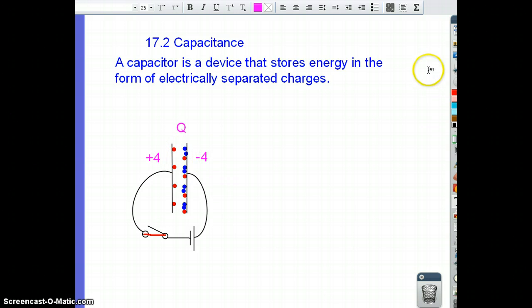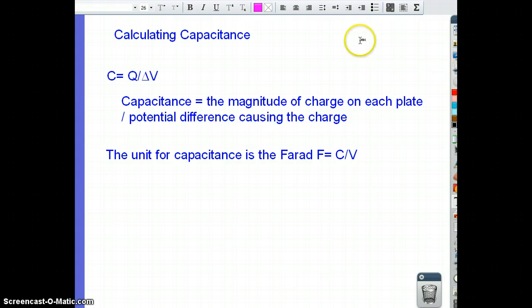All right. So moving forward, calculating capacitance. Well, capacitance, which uses the variable C, is equal to charge, the magnitude of charge of each plate, divided by the potential difference, the voltage, that is causing that charge.